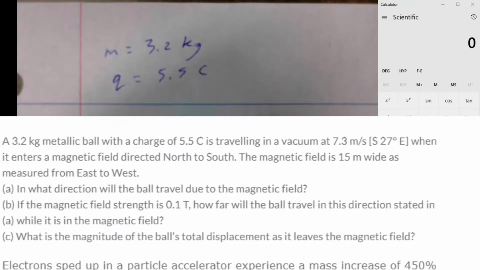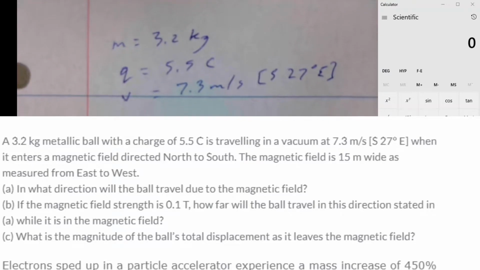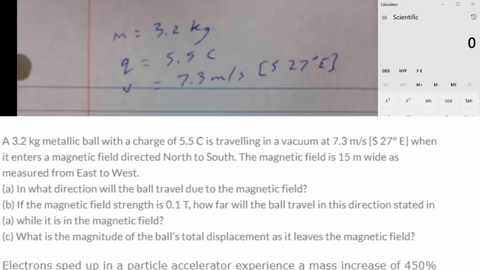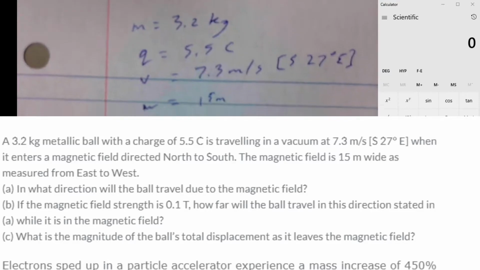We know its initial velocity: it's traveling in a vacuum at 7.3 meters per second, and we're given directions of south, 27 degrees east. And it enters this magnetic field that's directed north to south. The magnetic field's width, I'm just going to put W here, is 15 meters wide, as measured from east to west.